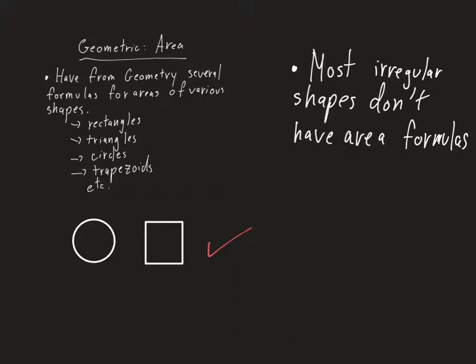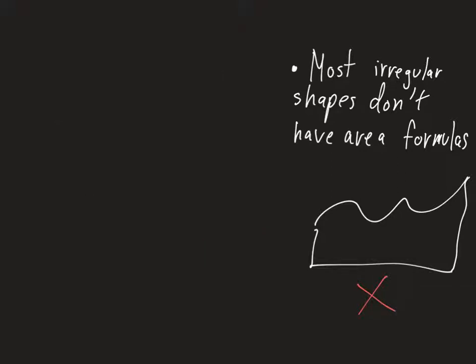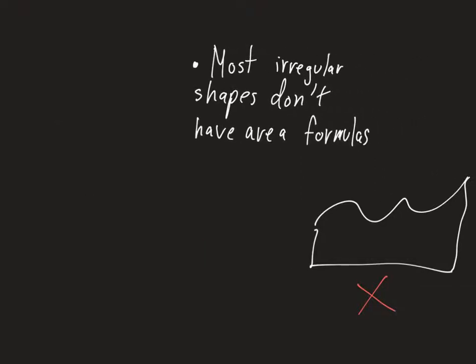Now, unfortunately, if instead over here I just draw some abstract shape, we don't really have a formula for these. Okay, so that is where these ideas of the definite integral are going to come in.